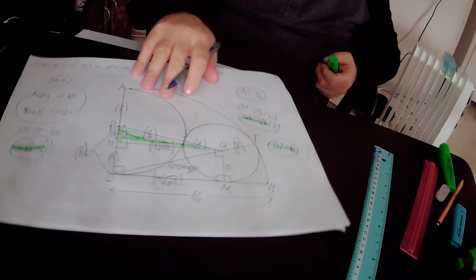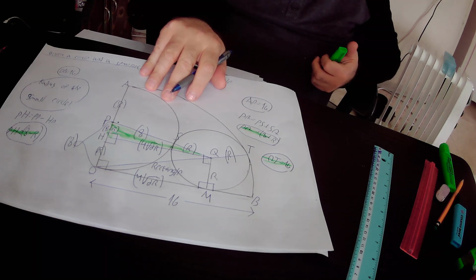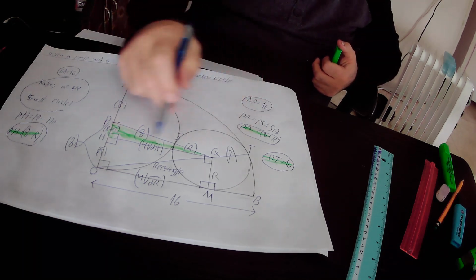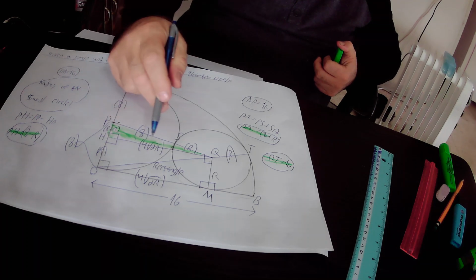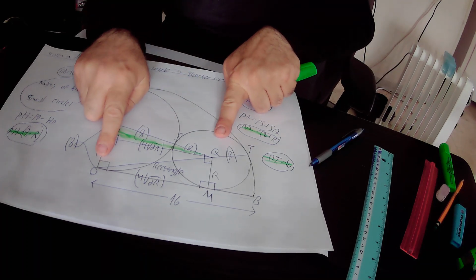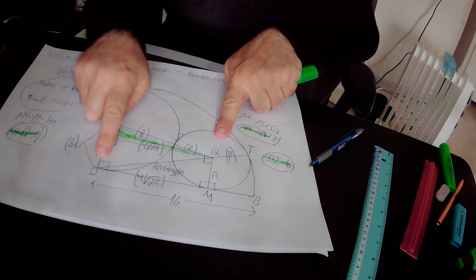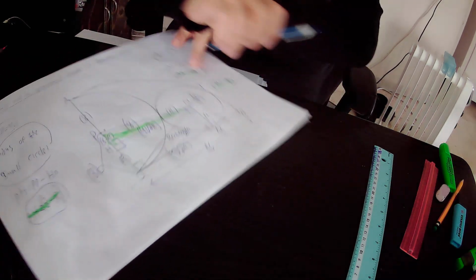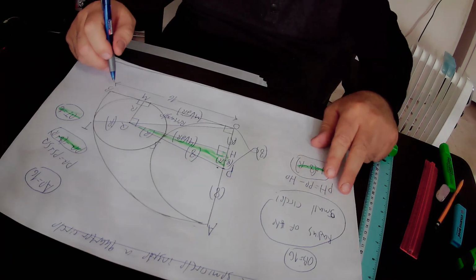Because, according to rule 9, OQT is one straight line, it means that OQ must be equal to OT minus QT. Again, OQ must be equal to OT minus QT.